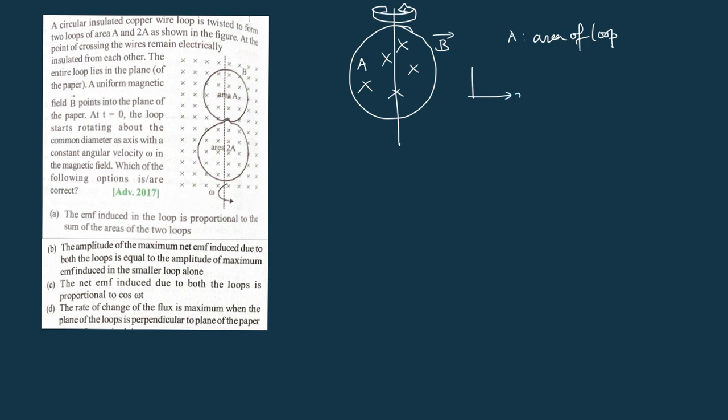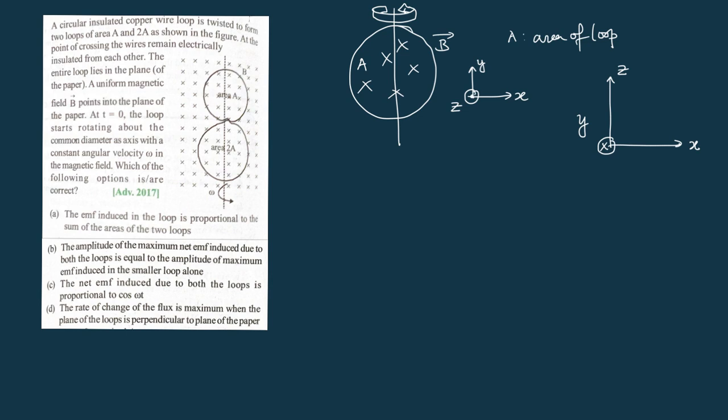Suppose this is the x, y, and up goes z. Now if you view it from this side, say that is x and that is z on the top, and y becomes a cross.